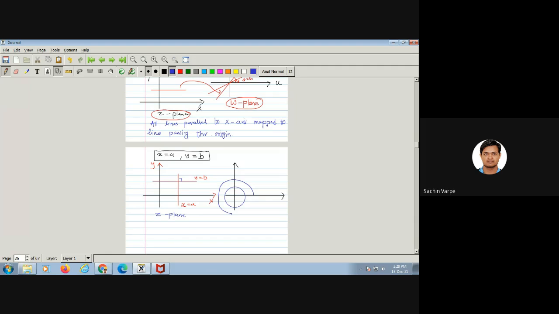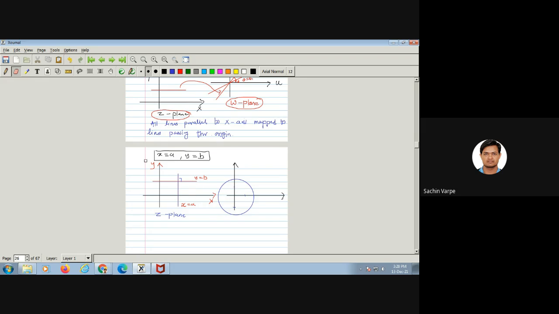Can you see this? I give x equal to a the blue color. It is getting mapped to a circle. Let me draw just one circle, say this outer one. We have seen x equal to a maps to a circle.